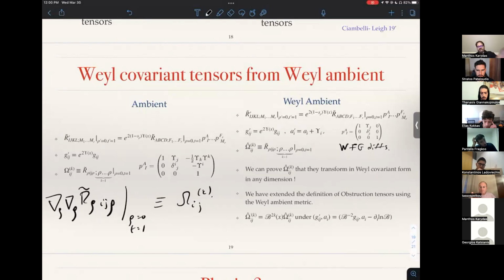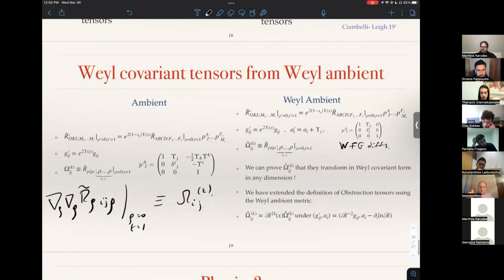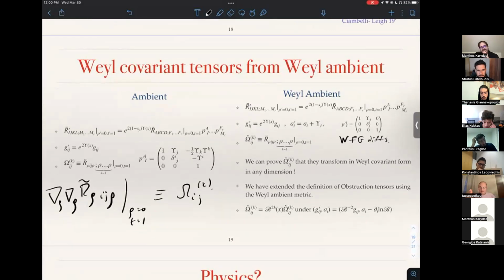So I was wondering if the simplest obstruction tensor, like the Bach tensor, can be split into a part that is conformally invariant plus something that depends only on the non-trivial connection.